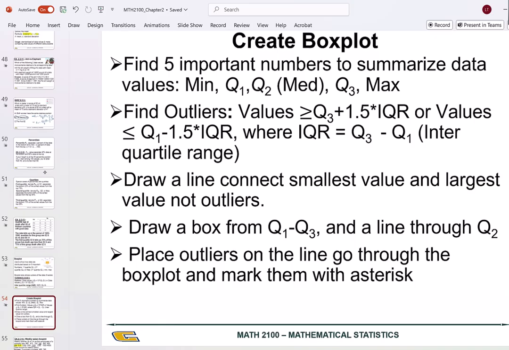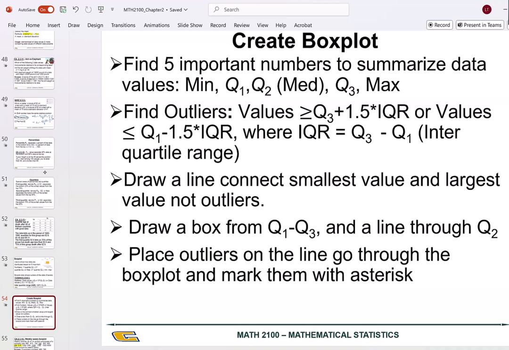Check in your data whether there is any value bigger than the upper cutoff, which is Q3 plus 1.5 times IQR, where IQR is Q3 minus Q1, or any value less than the lower boundary, which is Q1 minus 1.5 times IQR. IQR here stands for interquartile range.